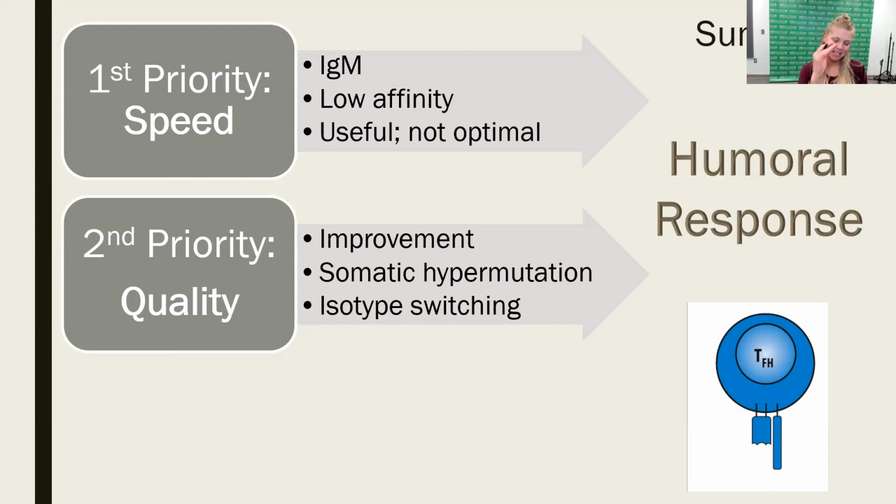But as the infection continues, the next priority is to make really great antibody. And so that requires improvement of the antigen receptor. It requires somatic hypermutation, which is that affinity maturation. And it requires isotype switching out of the IgM into either an IgG, likely, or an IgA or an IgE.